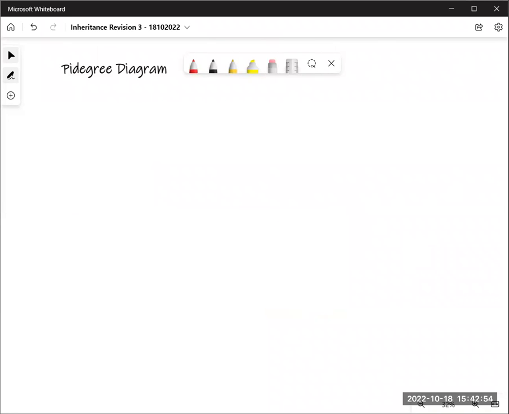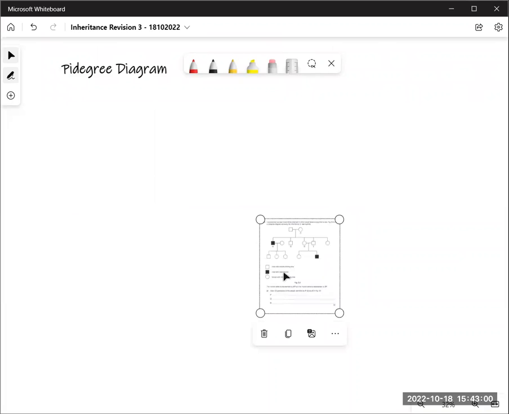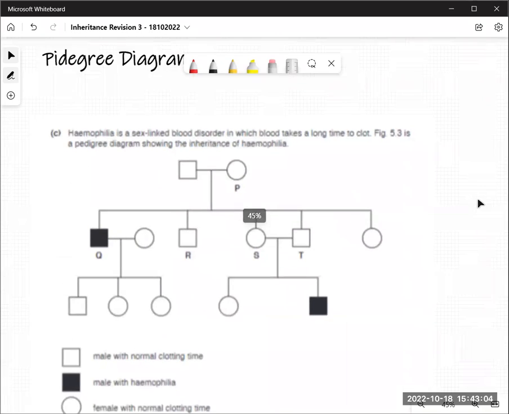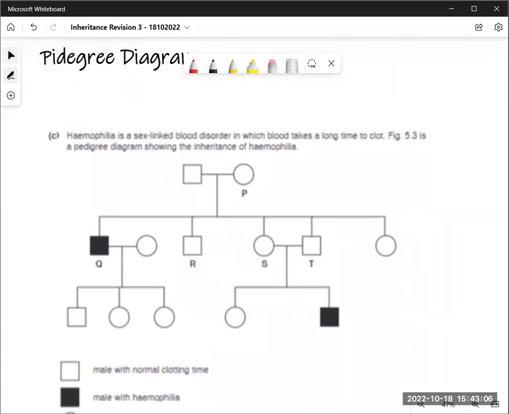Let's look at this one. Diana, read the question. Hemophilia is a sex-linked blood disorder in which blood takes a long time to clot.